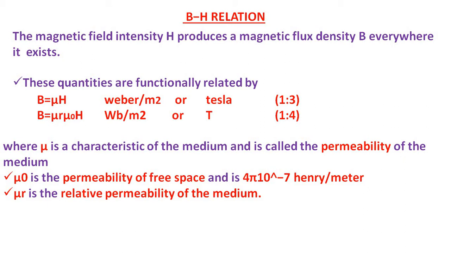B is equal to mu r into mu naught into H, Weber per meter squared, or Tesla, where mu is the characteristic of the medium, called the permeability of the medium. Mu naught is the permeability of free space, that is, absolute permeability. The value of absolute permeability is 4 pi into 10 to the power minus 7 Henry per meter. Mu r is the relative permeability of the medium. For an air medium, mu r is equal to 1.